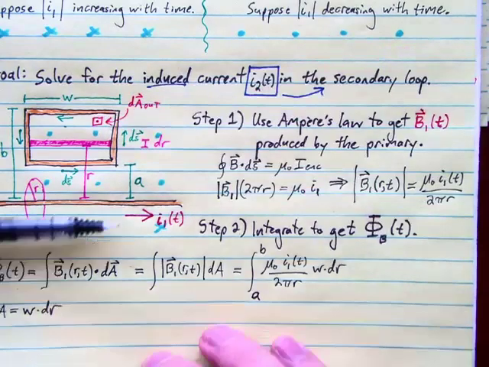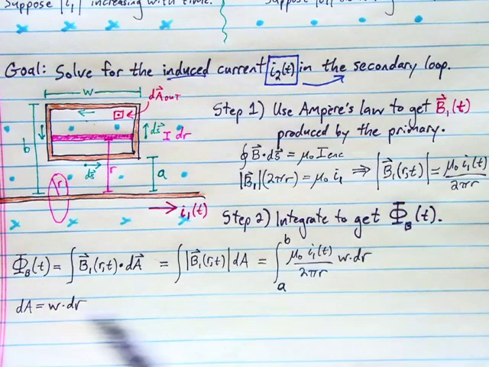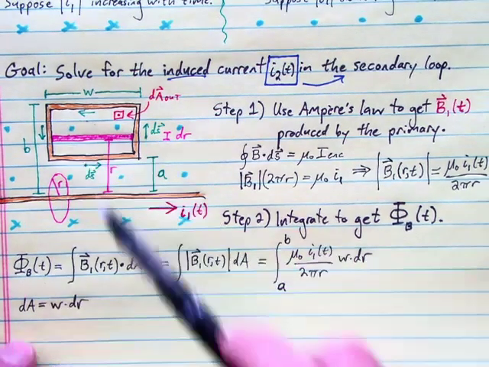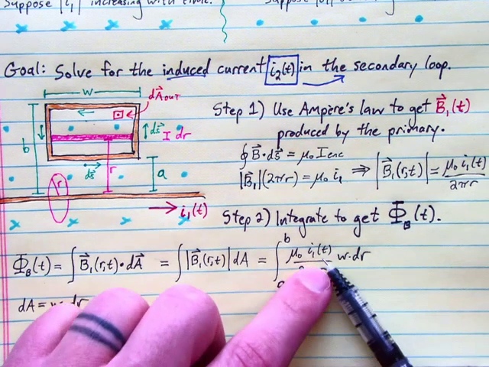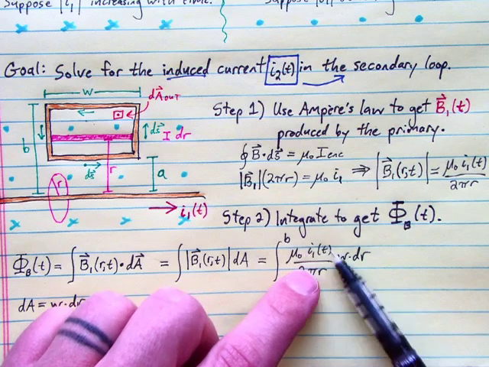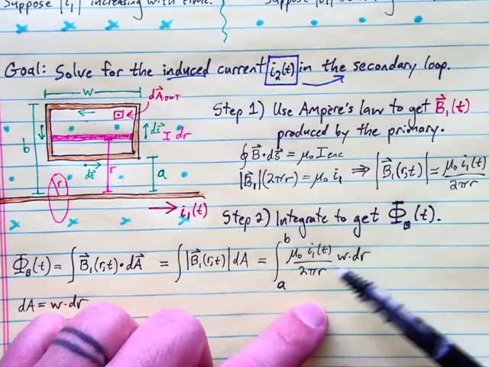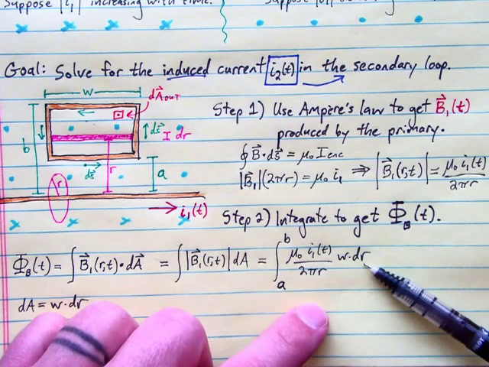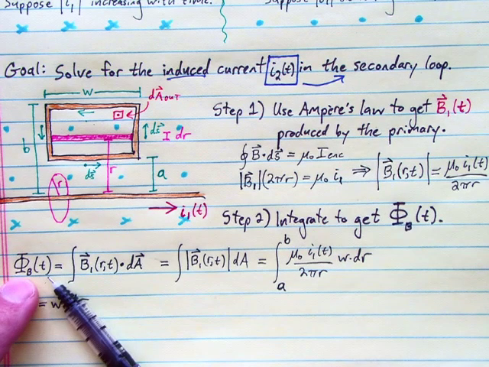I1 is just the current running through this wire. So note that what we're finding here is the flux through this loop at some one particular moment in time. So I1 at some particular moment in time is fixed for all values of little r. Little r is the variable. I1 is constant with respect to little r, since we're finding the flux at some particular moment in time.